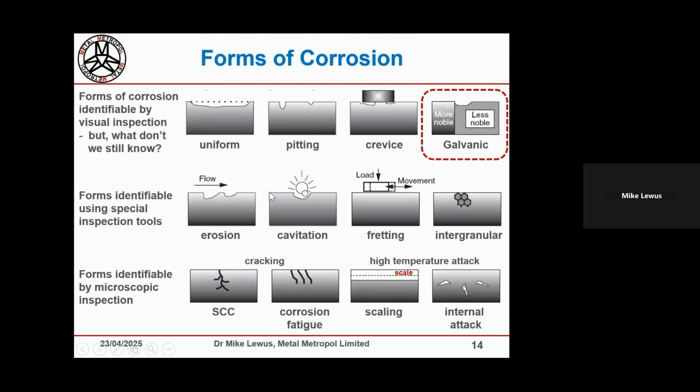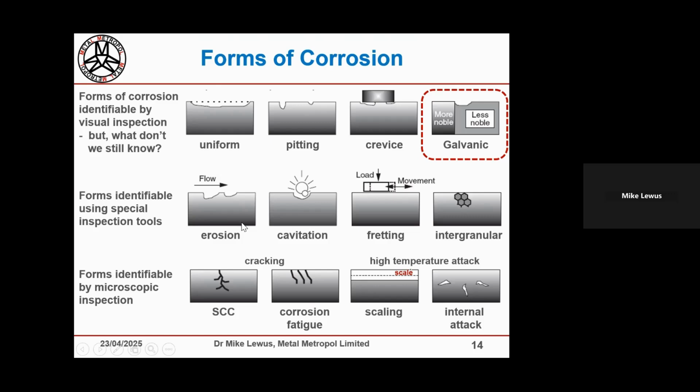Another reason I put this slide in was to make the point that visually looking at corrosion, it's only in a few cases that you'll be able to confidently say, yes, this is just uniform corrosion or pitting corrosion. There are some forms of corrosion that, just by looking, you're not going to be definitive about the interpretation.